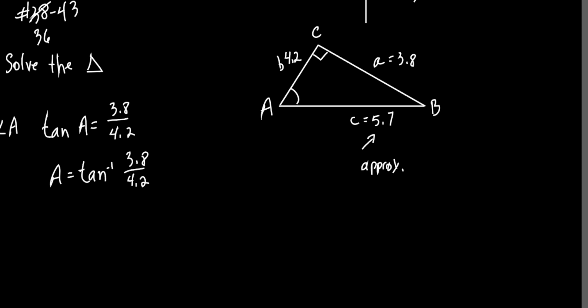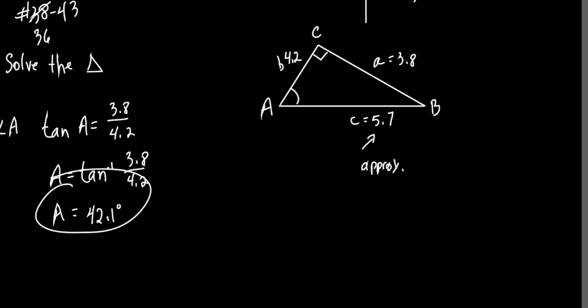Round to the nearest tenth. And what did we just solve for? A, 42.1. Yep, that works. It's an angle, put degrees. So angle A is 42.1 degrees.